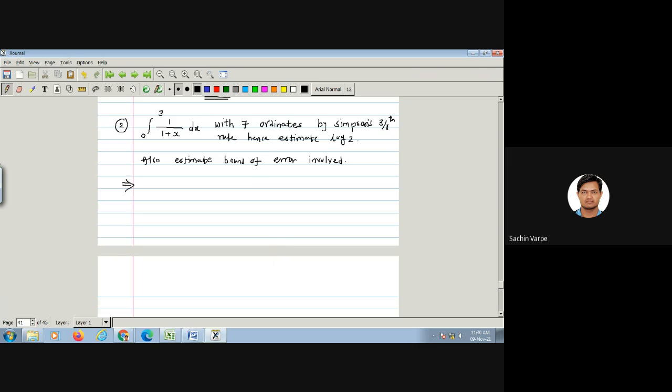Take the next one. Evaluate this integration from 0 to 3, 1 upon 1 plus x dx with 7 ordinates by Simpson's 3/8 rule, and hence estimate the value of log 2. Also estimate the bounds of error involved.